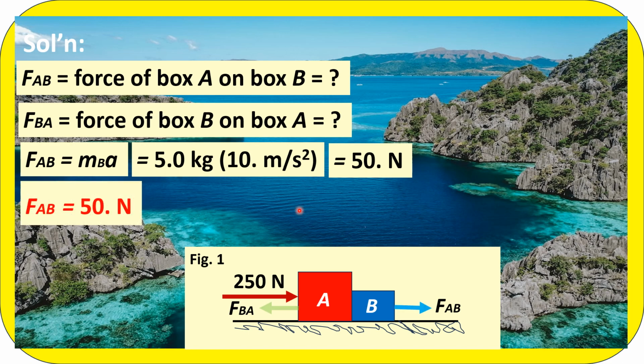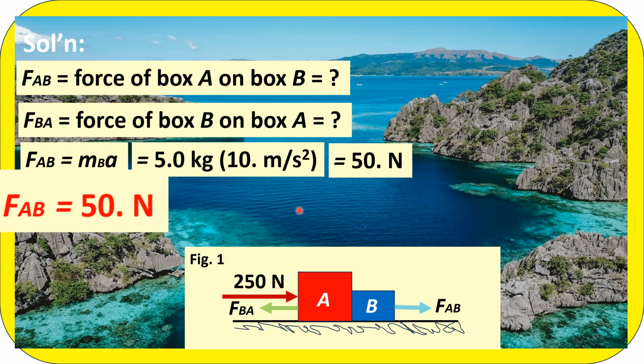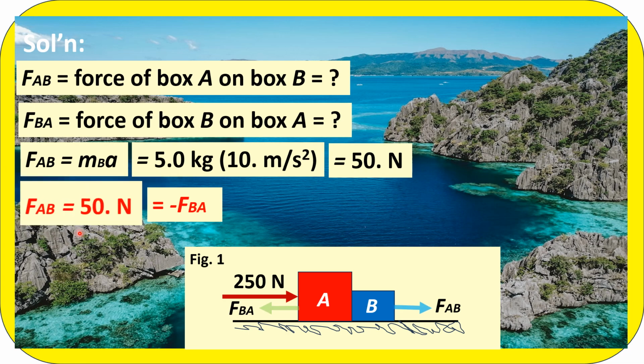And that is our answer to the question: the force that box A exerts on box B while they are accelerating together to the right. And by virtue of the third law, the reaction force F sub BA is also equal to 50 newtons, but directed in the opposite direction.